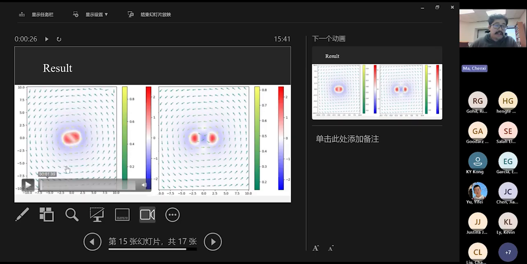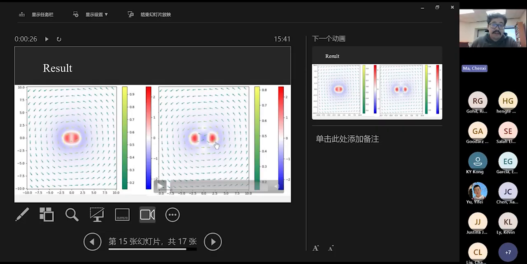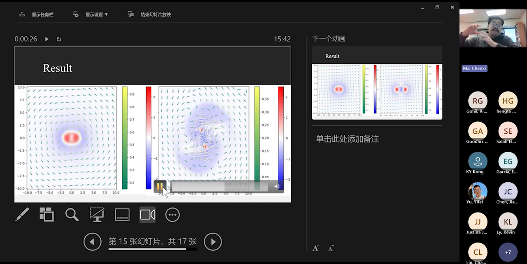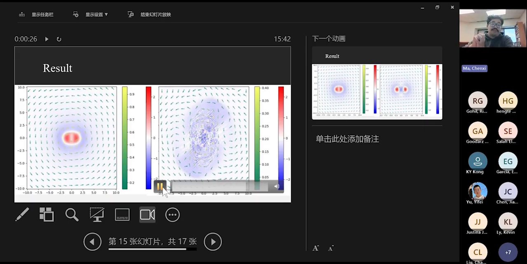We can see that at the beginning, all this resistance is on the outside of the vortex, and there's no resistance between these two vortices. However, in the second case, we can see that there is resistance in the middle, and as time passes, this resistance stays in the middle like a barrier, blocking these two vortices from meeting each other and preventing them from merging into one vortex.